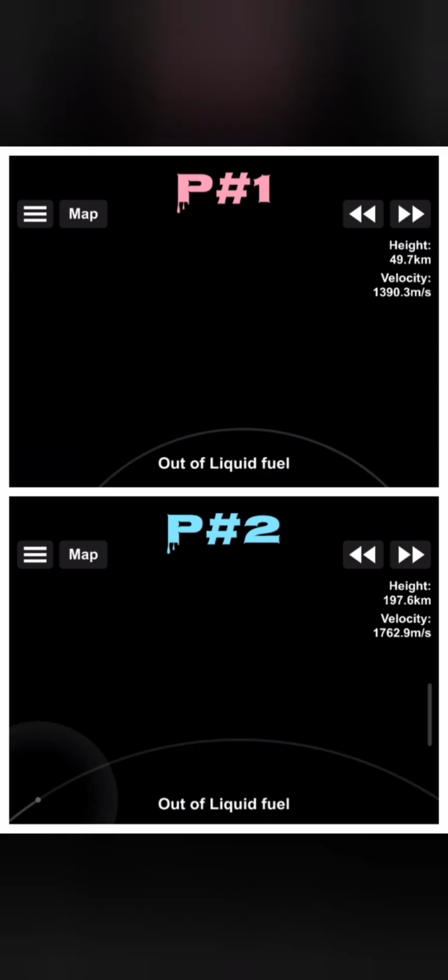Next we have out of liquid fuel difference. So at that moment, the velocity of rocket 1 is 1390.3 meter per second, and the velocity of rocket 2 is 1762.9 meter per second.